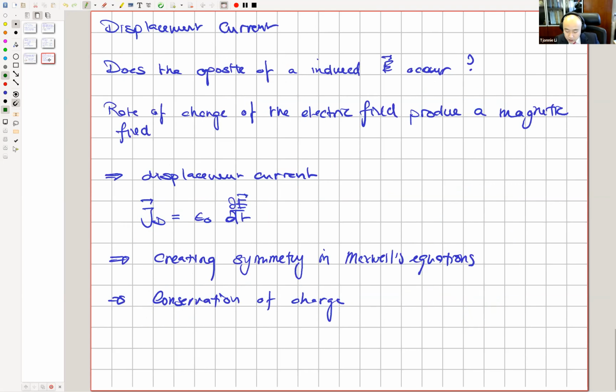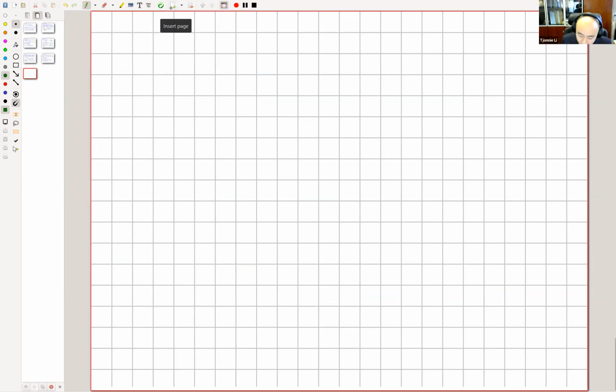So by introducing the so-called displacement current, we alleviate that problem. But a bigger problem that it alleviates is the concept of charge conservation.